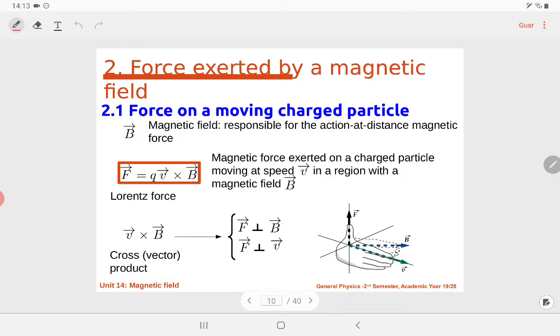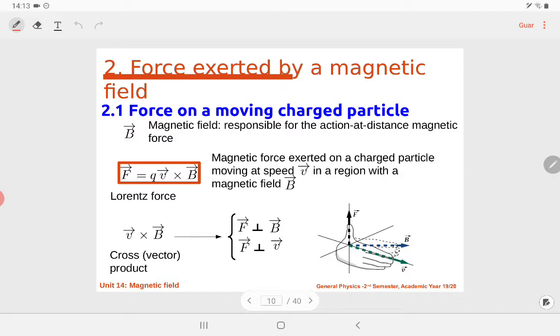Because if it's positive, then the force is going to be parallel and in the same direction as the cross product of the velocity and the magnetic field. But if the charge is negative, the force is going to be in the opposite direction. It's the same as in the case of the electric force, where you needed to know the sign of the charge.